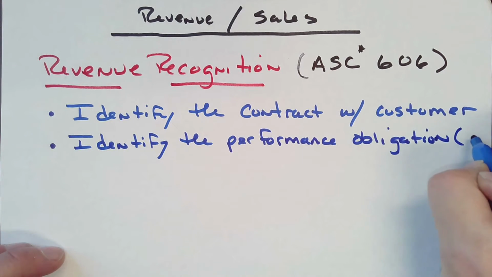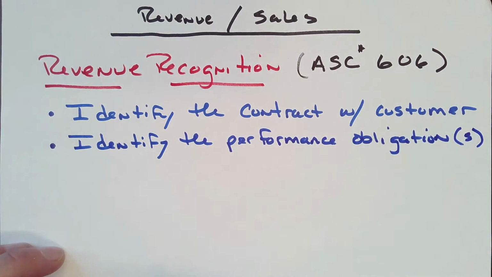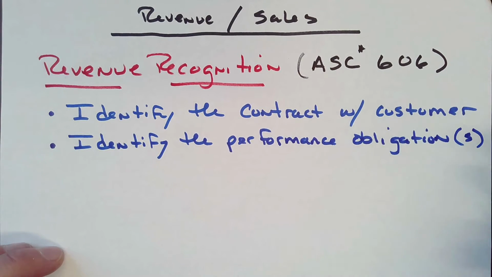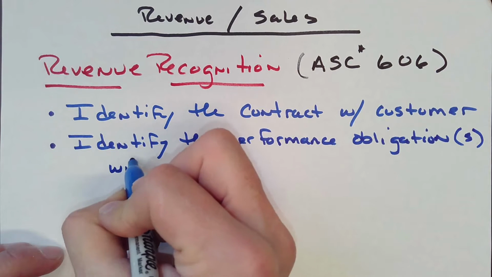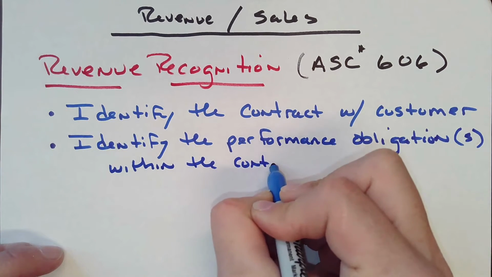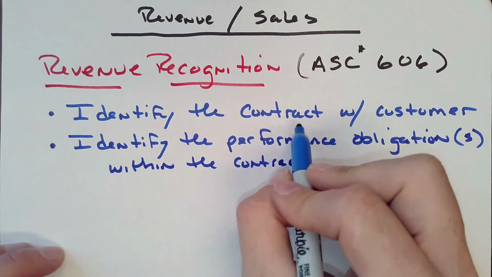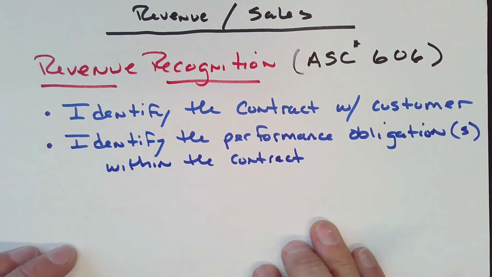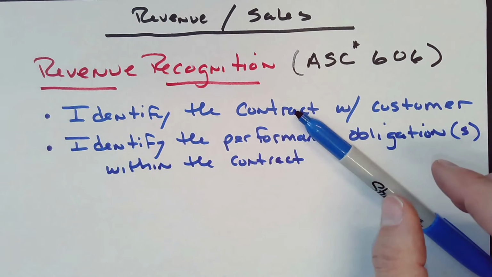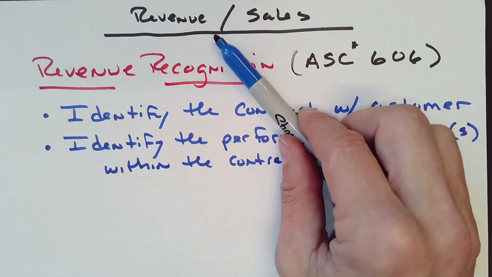And it may be singular or plural. There may be more than one obligation, maybe other things you've got to do within the contract. This contract becomes very important, right? And that's going to give you the preponderance of evidence as to whether or not you can or cannot recognize revenue.